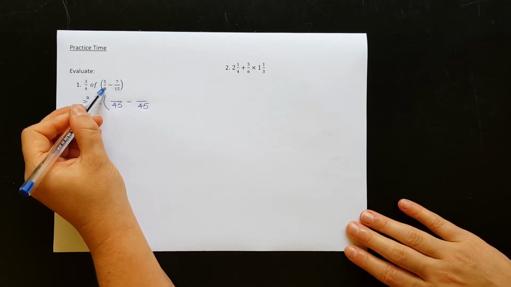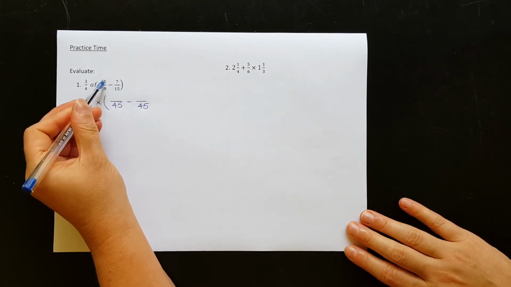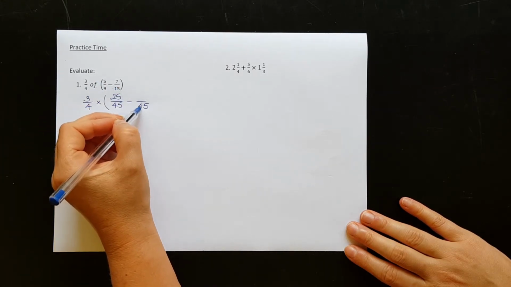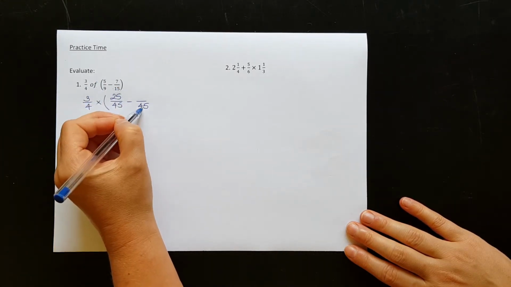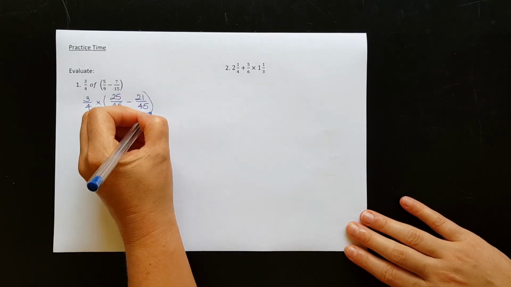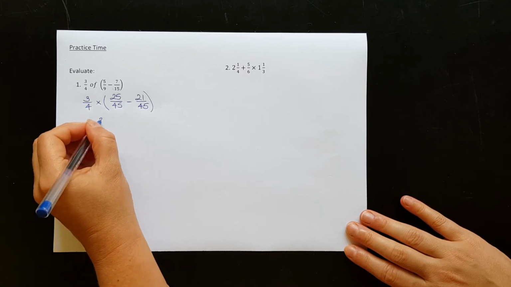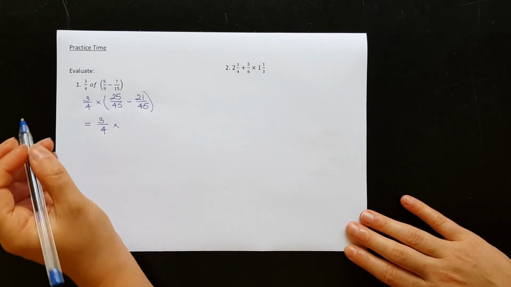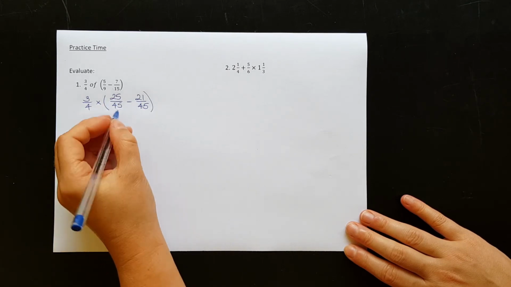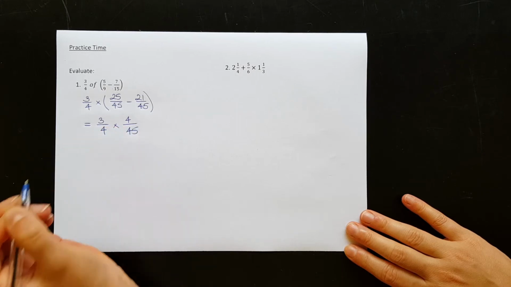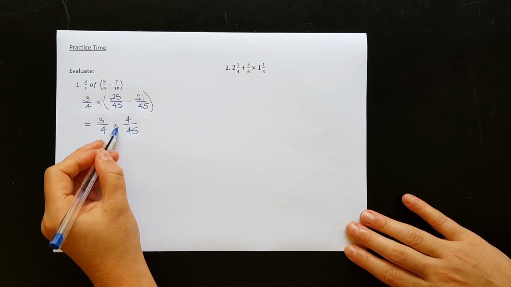So this has to be multiplied by 5, so multiplying the top by 5, we get 25. 15 times 3 would give us this, so we have to multiply 7 by 3 to get 21. So leaving the 3/4 at the front still, subtracting the fractions, 25 minus 21 would be 4/45.